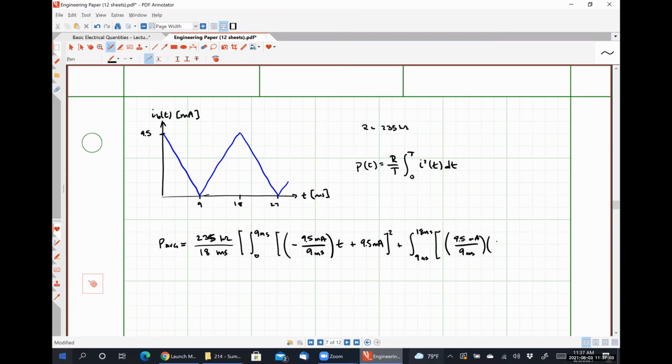And what I'm about to do is effectively use a time shifting theorem that you should have learned in your pre-calculus, but I understand that you're almost never familiar with it. I'm effectively making t equal to 9 my new origin, so that I have a slope of 9.5 milliamps over 9 milliseconds.